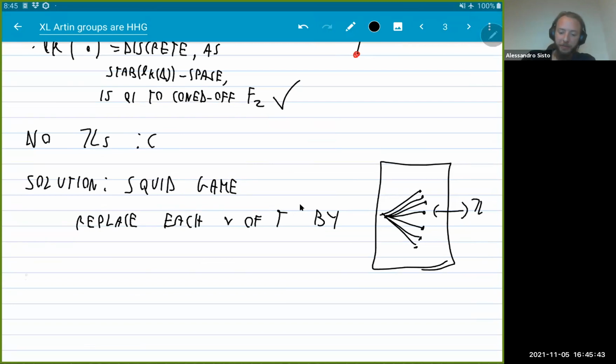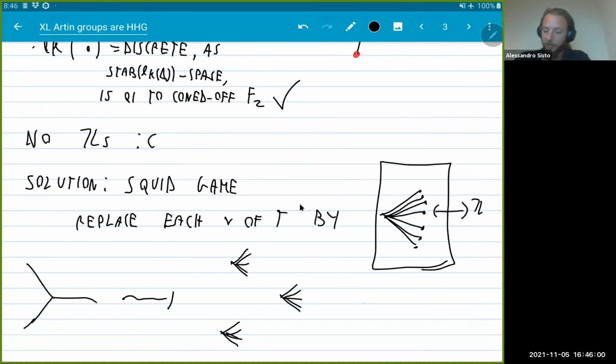Okay, so maybe another picture to clarify what I mean. So here's a bit of the tree, and then you replace in a suitable way each of the vertices with a squid. And I didn't say how you connect the squids, but you connect everything to everything for squids corresponding to vertices that were connected in the tree.